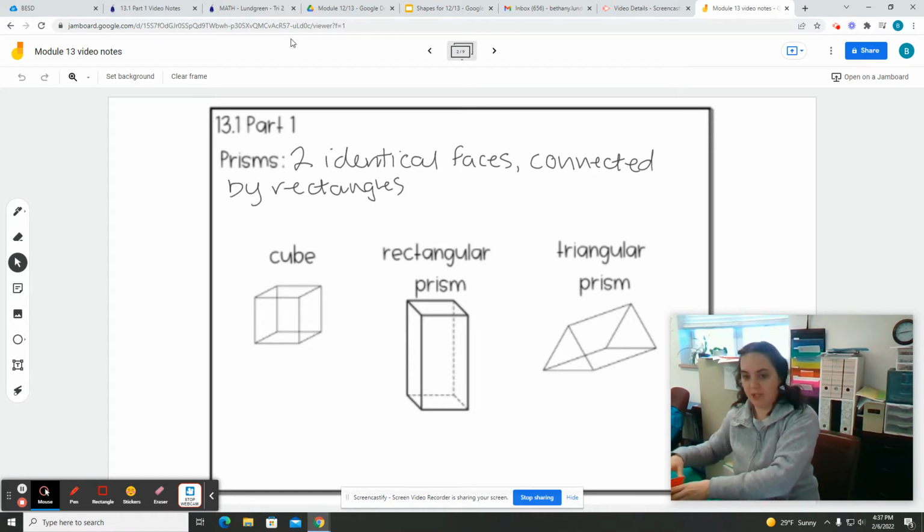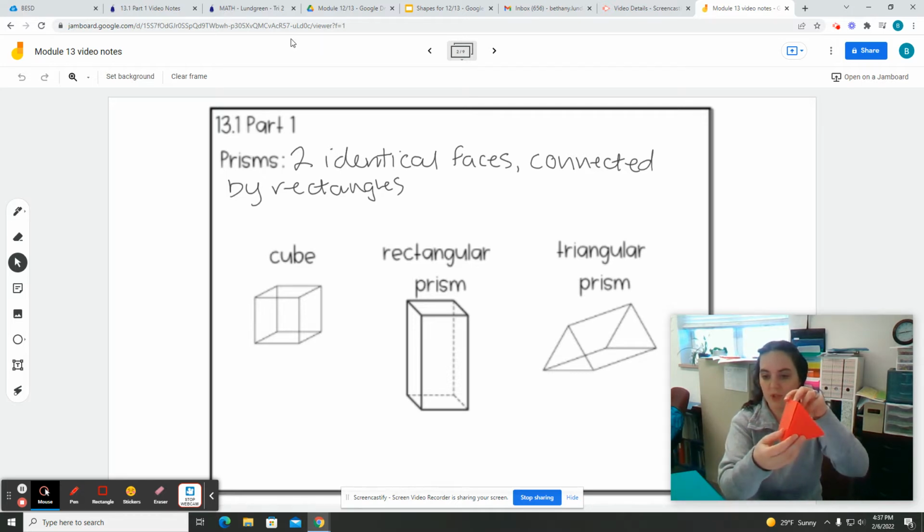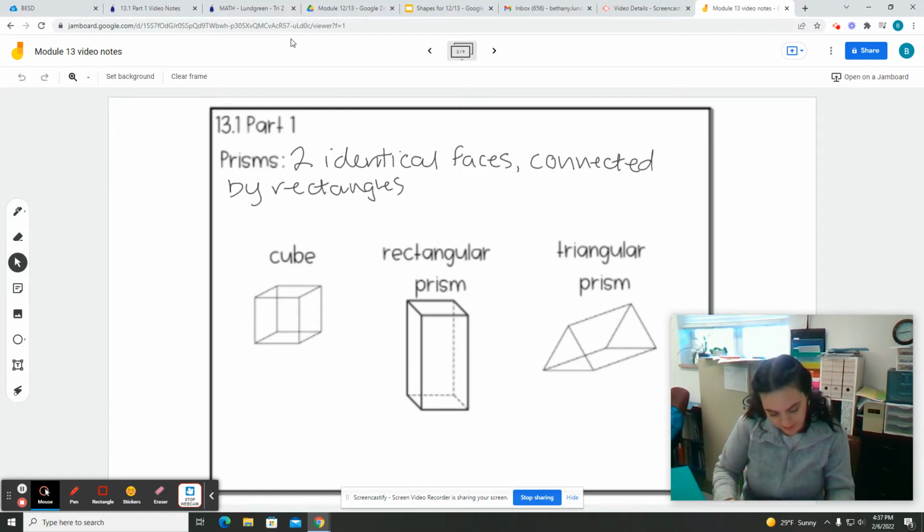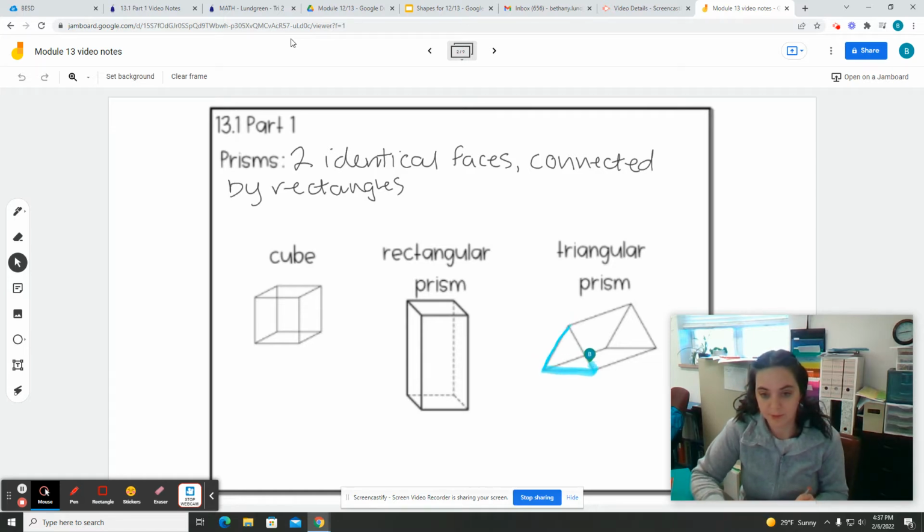We also have a triangular prism, which looks like this, where you have a triangle and a triangle, right? Both sides have a triangle on them, and then they're connected by, if you look on the edges here, on the surrounding sides are all rectangles. So if I were to take my pen here, we have our triangles.